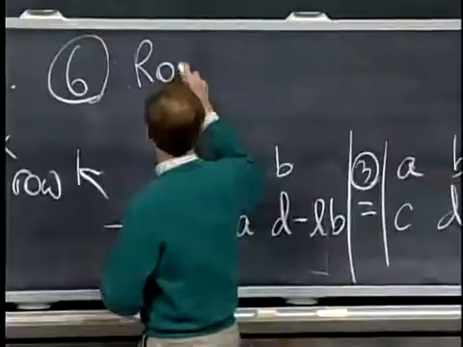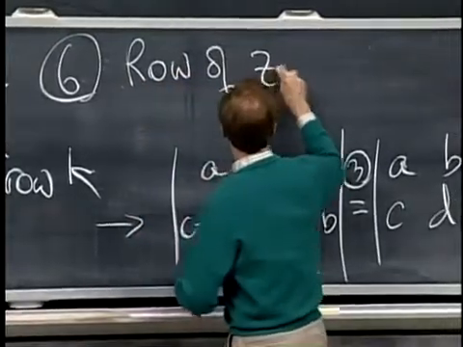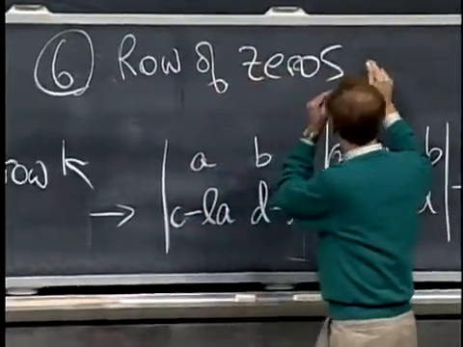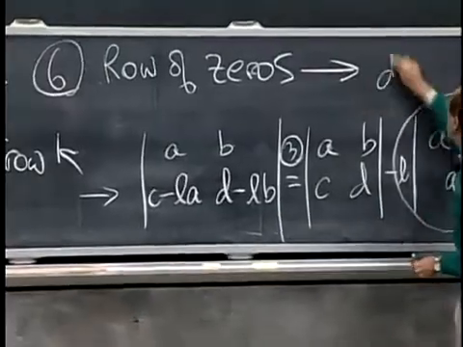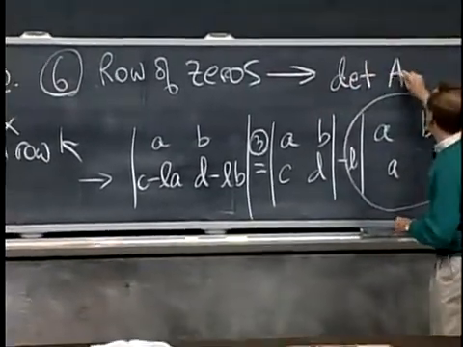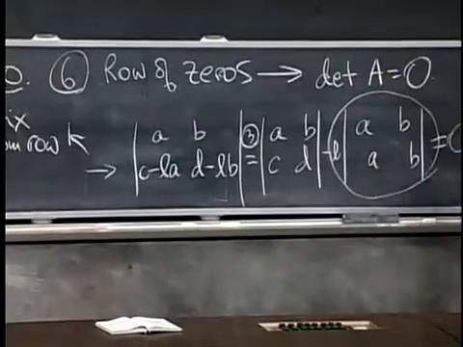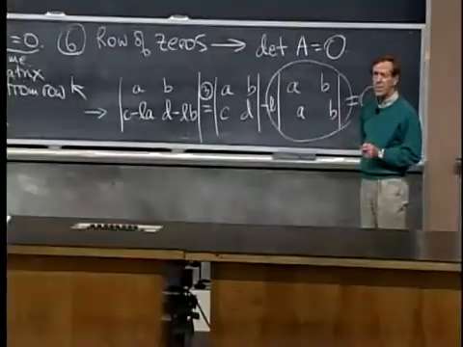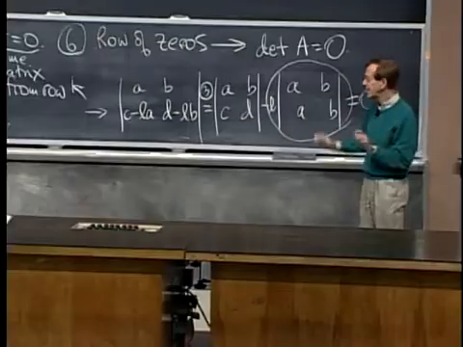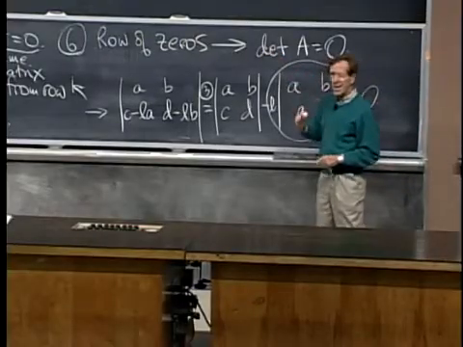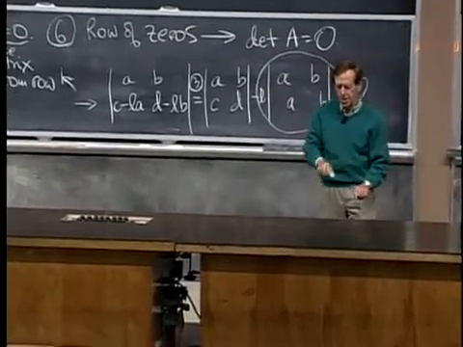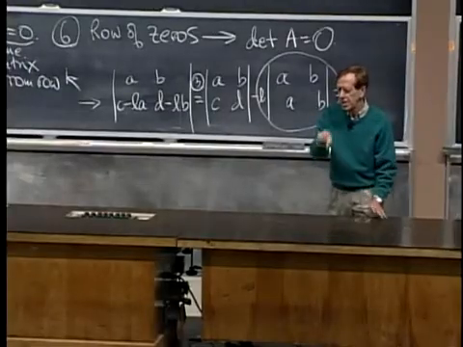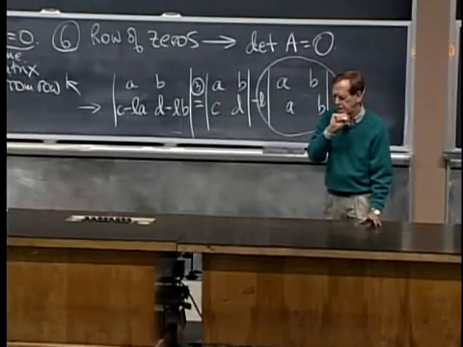Row of zeros leads to determinant of A equals 0. A complete row of zeros. So this is something that I'll use in the singular case. Actually, you can look ahead to why I need these properties.